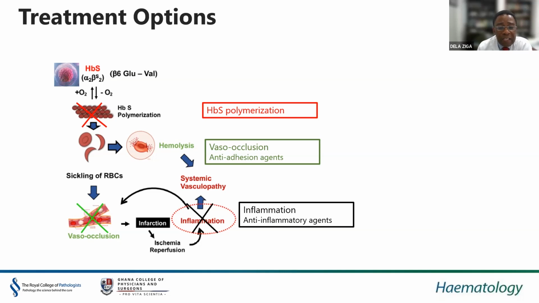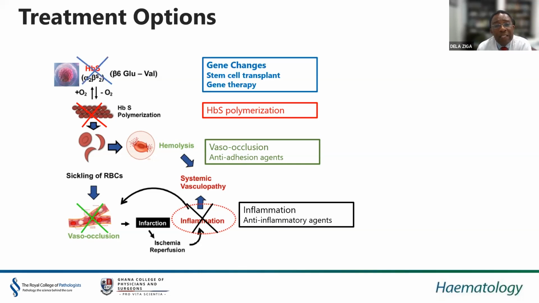We have agents that are anti-inflammatory, trying to calm down the pro-inflammatory state that's ongoing, but none of this leads to cure. The only cure for sickle cell disease now is manipulation of the gene ex vivo by gene therapy or in vivo by stem cell transplant.